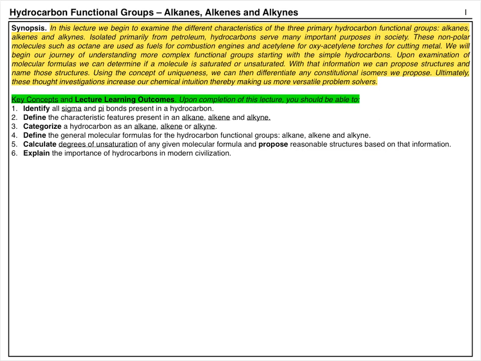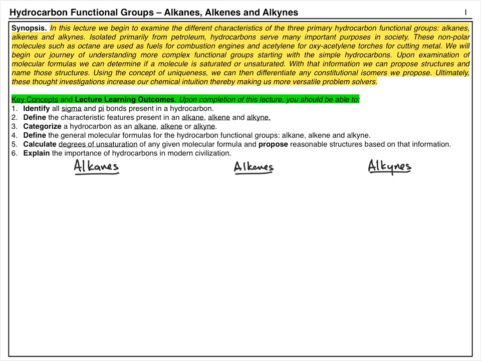So let's go ahead and dive into this, and I'm going to first show you the three general categories of hydrocarbons. So we have alkanes, alkenes, and alkynes.